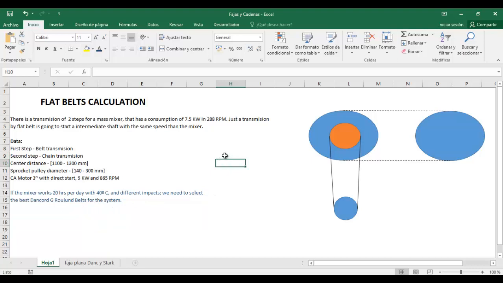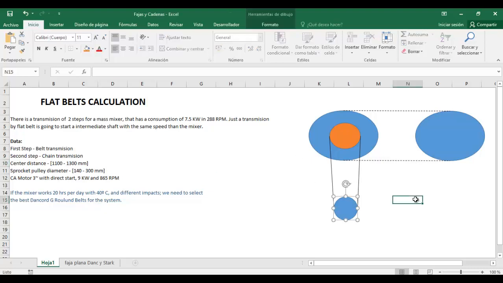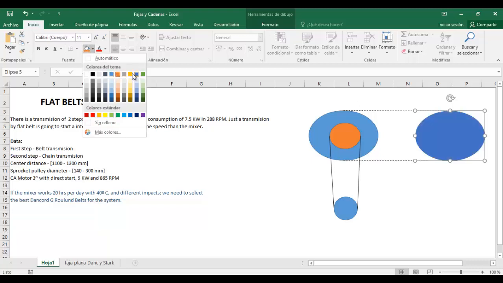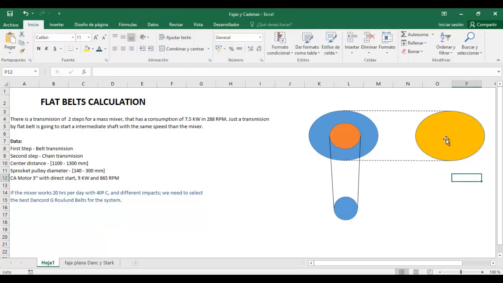To understand the situation, this is a picture we have. You know that this has two different steps. This should be our mixer.